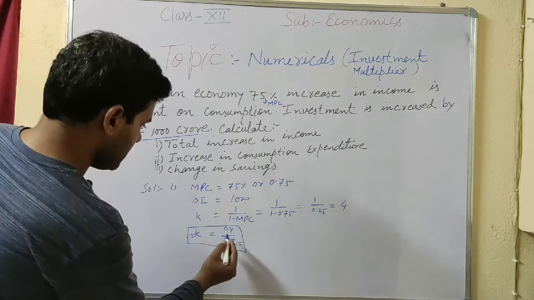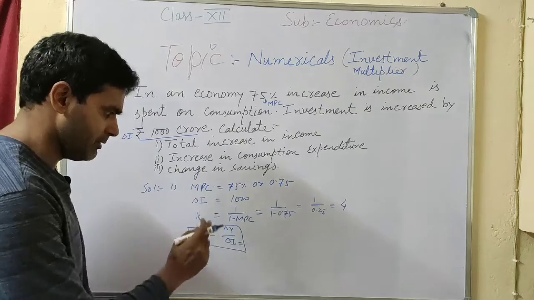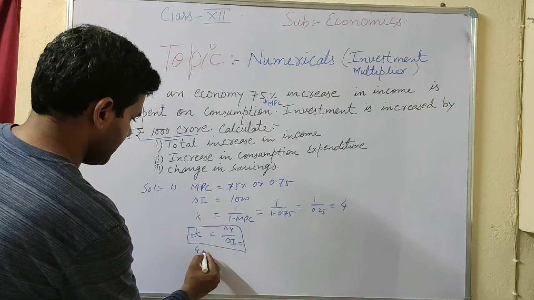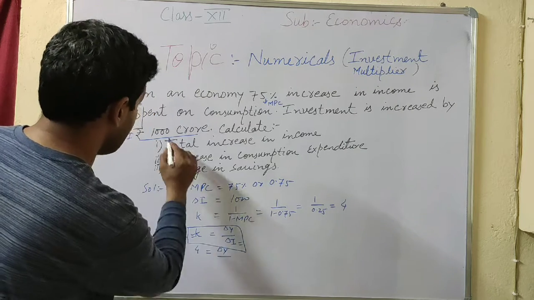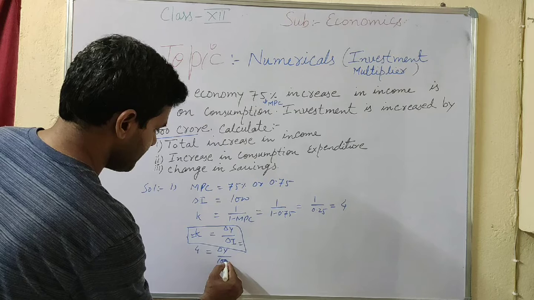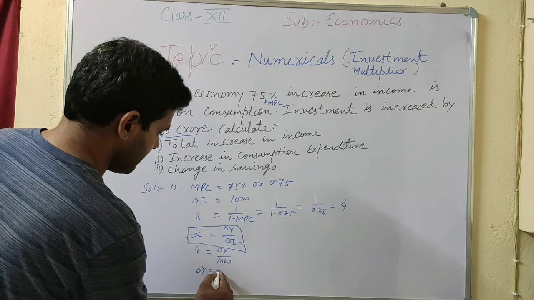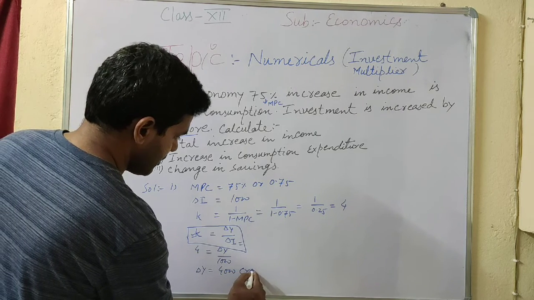So here we can put the values of these two and calculate the remaining one, that is delta Y. So it will become like this: 4 is equal to delta Y over delta I, which is 1000. In this way we can calculate the value of delta Y, which is equal to 4000 crore.